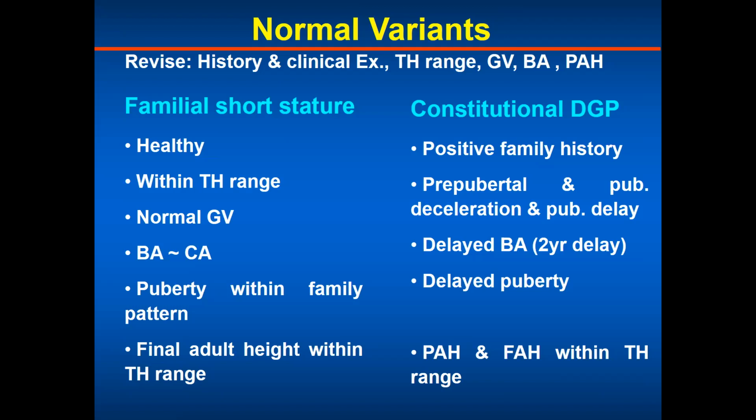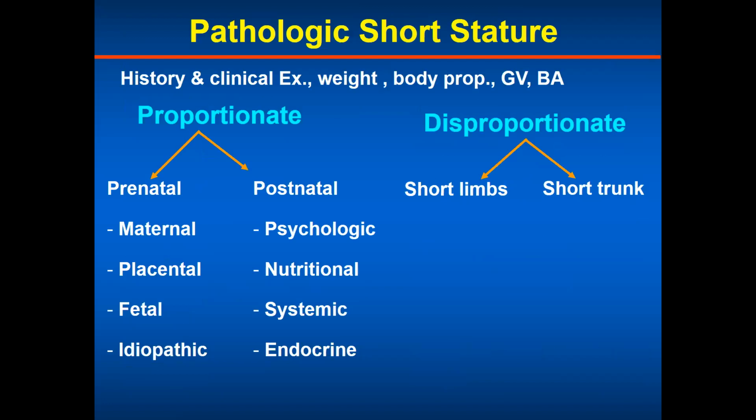And as we said, there is a positive family history for this delayed puberty being constitutional, and usually the predicted adult height is calculated by endocrinology clinics, and the final adult height will be within the target height range, meaning that in spite of this deceleration we see in the growth of such a child with constitutional delay, finally he reaches a final adult height within his target height range, meaning that he reaches the range of his parents.